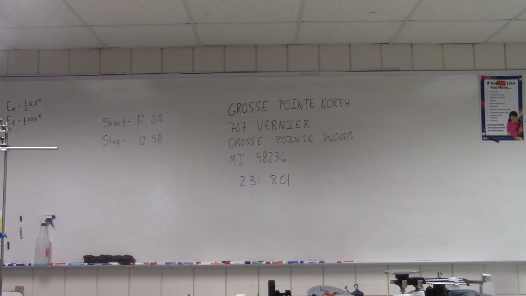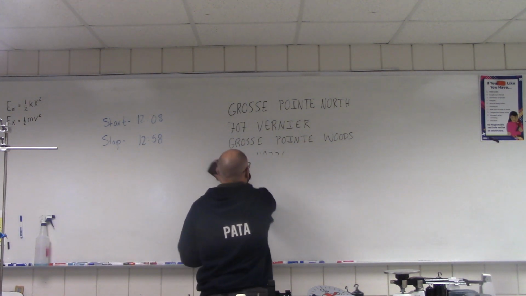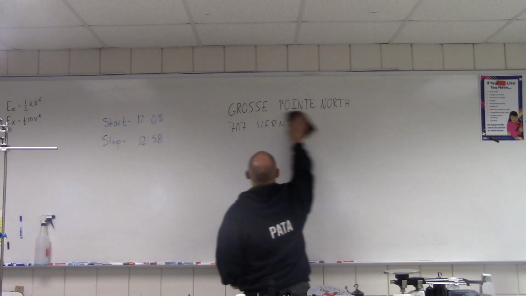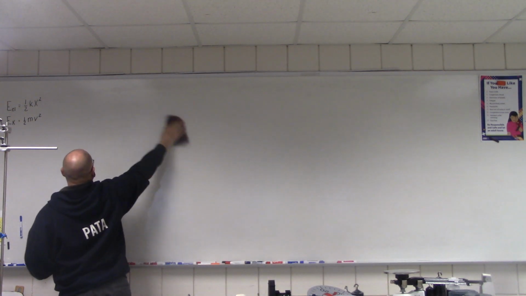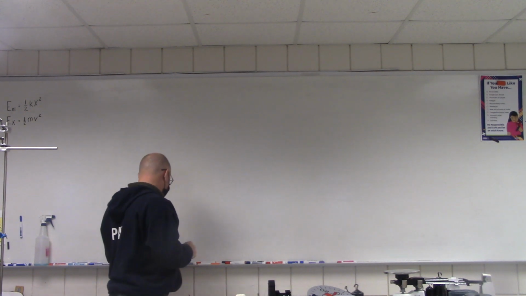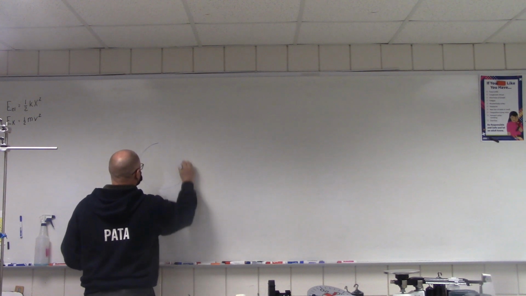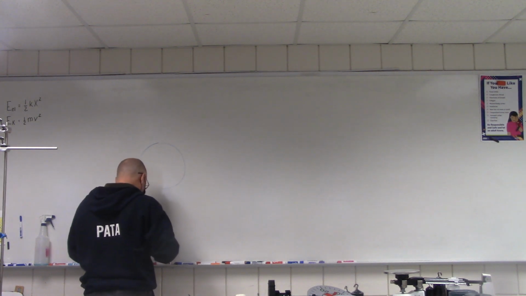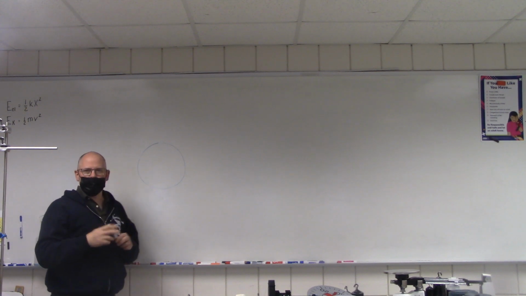All right, so let's talk about a satellite. I'm going to tell you guys about the most interesting thing today. I feel like it's fascinating. We're going to talk about a satellite first. So here's the Earth. Now we talk about satellites in low Earth orbit, like the International Space Station.